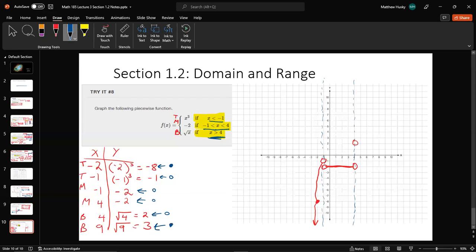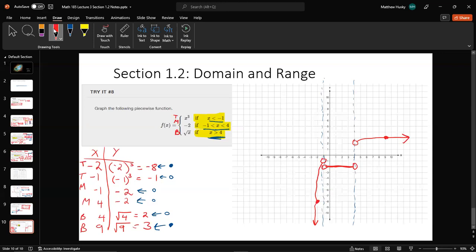That would be an ordinary filled in point like normal. So if you go over here, you're going to have the point 9, 3, and you end up with the last chunk right over there.